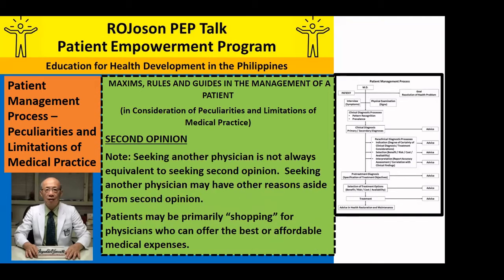Here is a special note. Seeking another physician is not always equivalent to seeking a second opinion. Seeking another physician may have other reasons aside from a second opinion. For example, patients may be primarily shopping for physicians who can offer the best or especially affordable medical expenses.